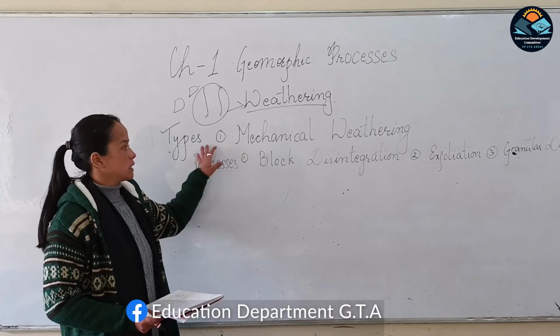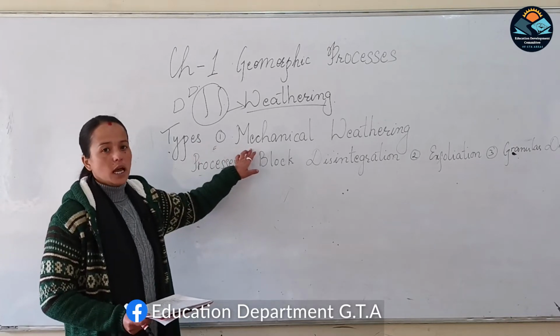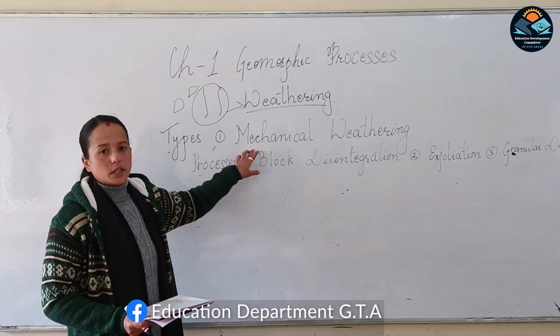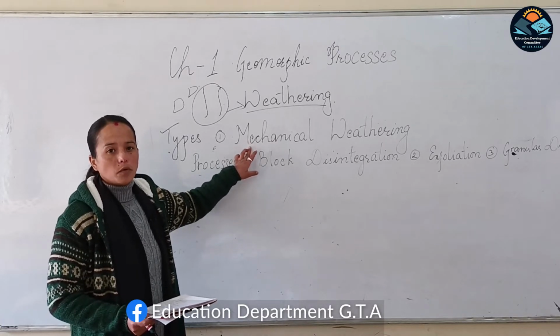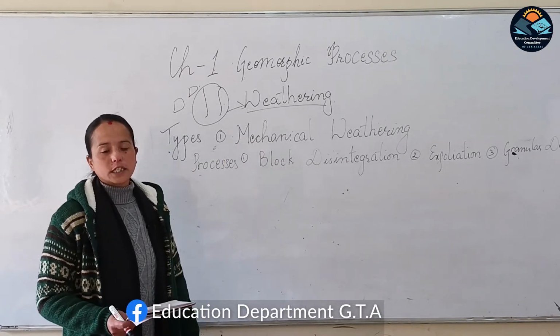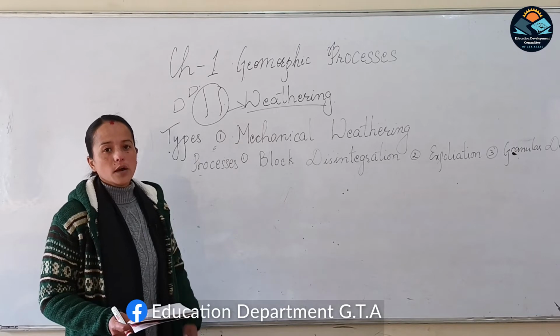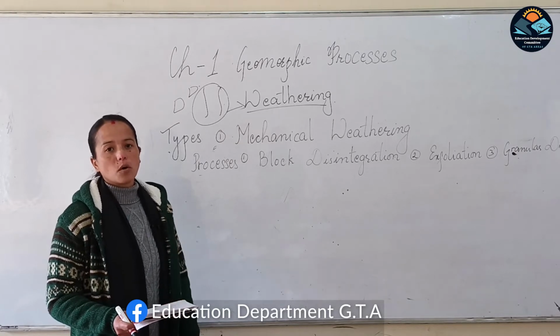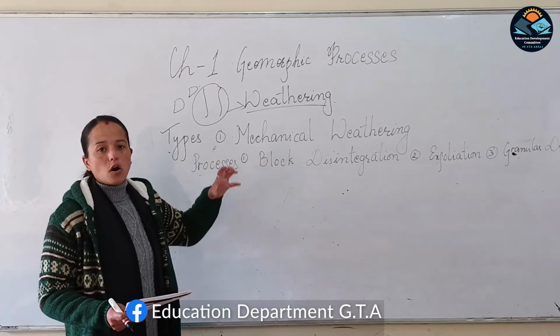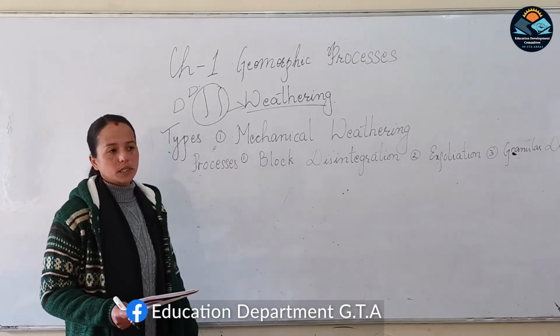First we'll deal with mechanical weathering. Mechanical weathering is the breaking up of rocks where no chemical change takes place in the minerals, without changing the mineral composition. Here a rock is simply broken into pieces.